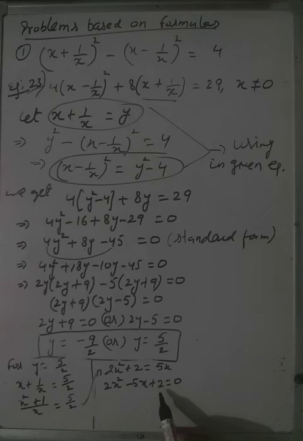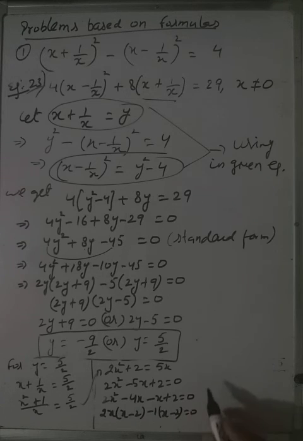So 2 multiply 2 is 4 and 4 can be broken down into two factors, 4 and 1, so that their sum will be 5. So 2x square, I am splitting this minus 5x into minus 4x minus x plus 2 is equal to 0. So 2x is common from these two, so this becomes x minus 2, minus 1 is common from these two, so x minus 2 is equal to 0.